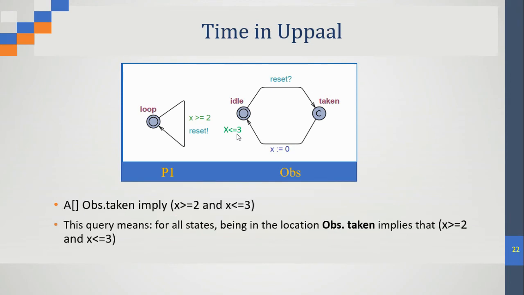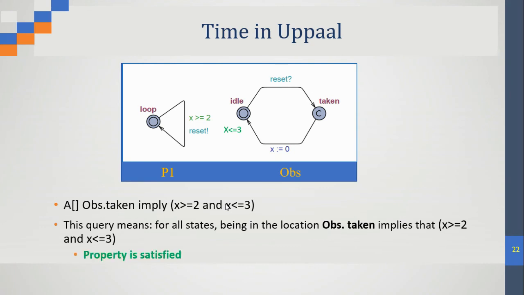So if we write these queries, here we ask about the time. Once it's reset, that means we are taking this location, we are reaching this location. So now in the taken location, we ask whether x is always greater than 2 and less than 3. What do you think the result of this query is?